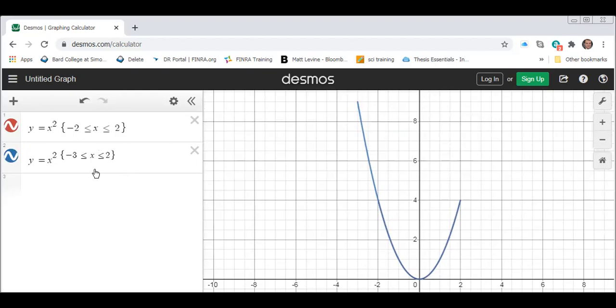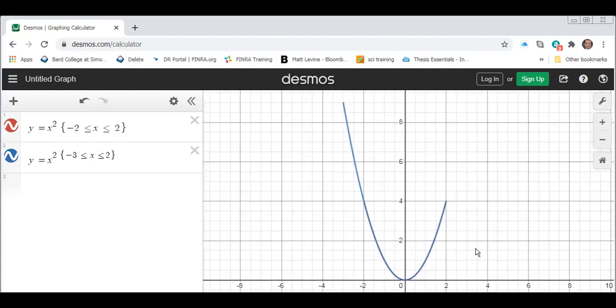If I ask you now for the absolute maximum and absolute minimum, that is to say, the extreme values of y equals x squared on the different interval from -3 to 2, now you're going to say, well, the absolute maximum is 9, and the absolute minimum, once again, is 0. So the absolute max and min can change depending upon the interval upon which you pick them.